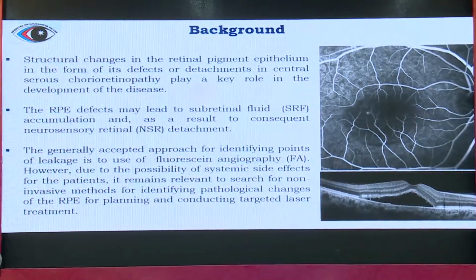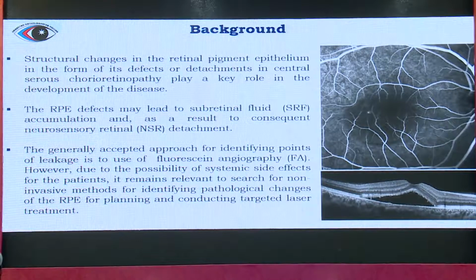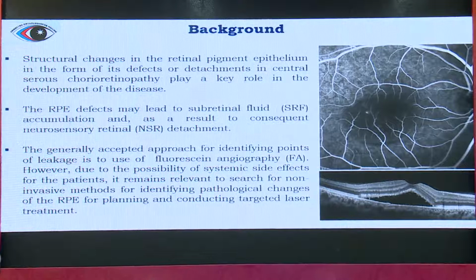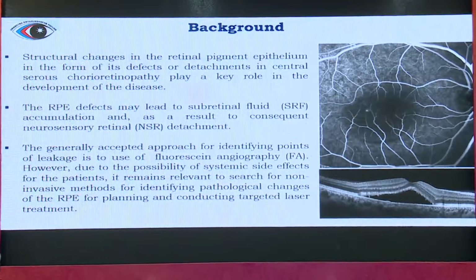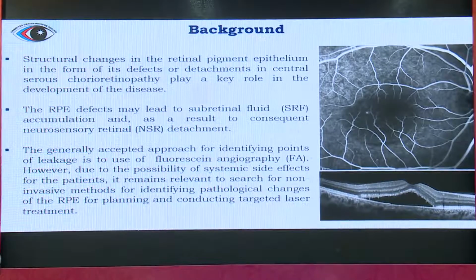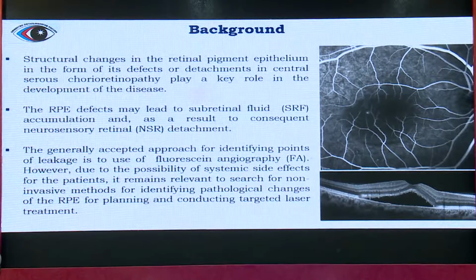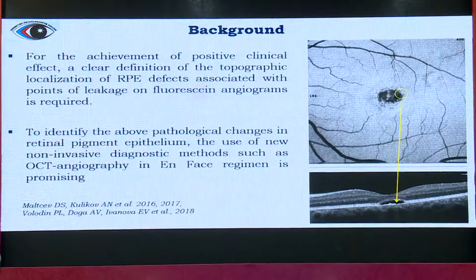Nowadays, the generally accepted approach for identifying points of leakage is the use of fluorescein angiography. However, due to the possibility of systemic side effects for the patient, it remains relevant to search for non-invasive methods for identifying pathological changes of the RPE for planning and conducting targeted laser treatment.